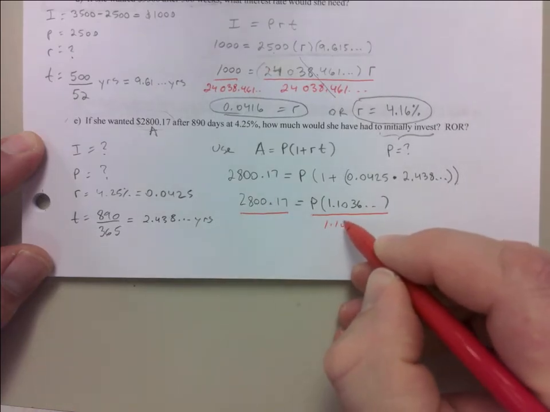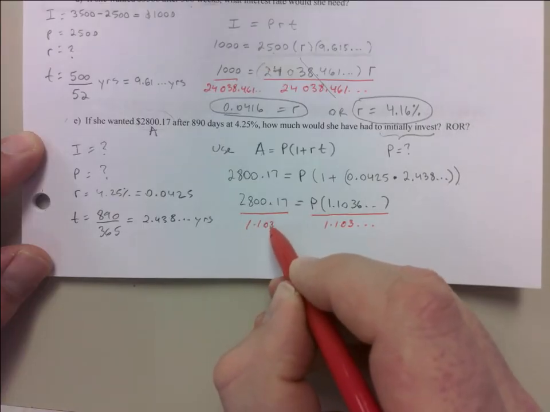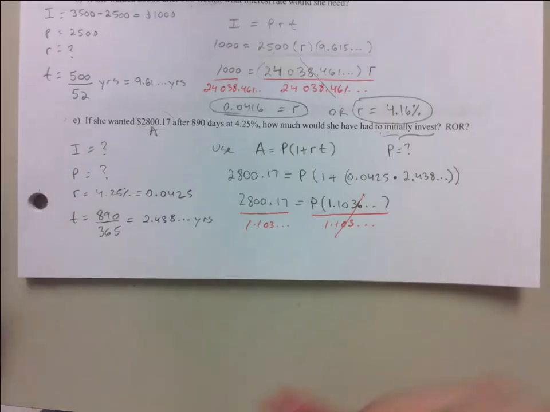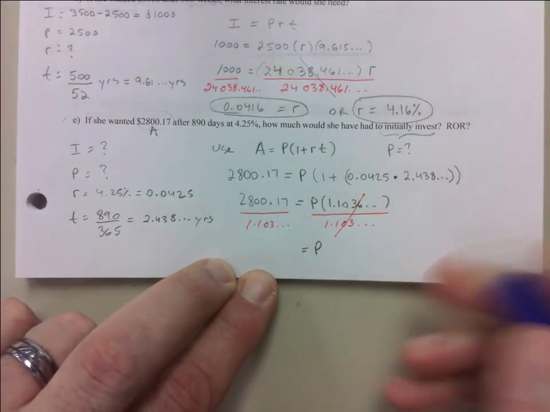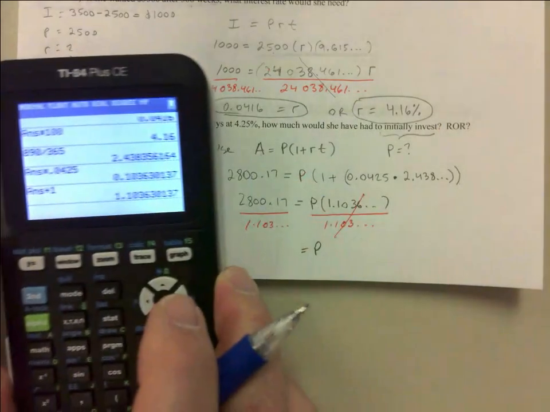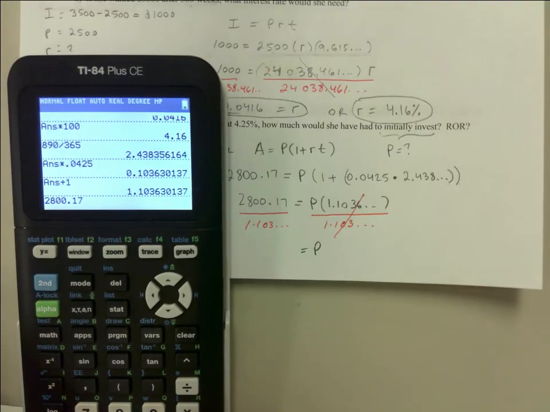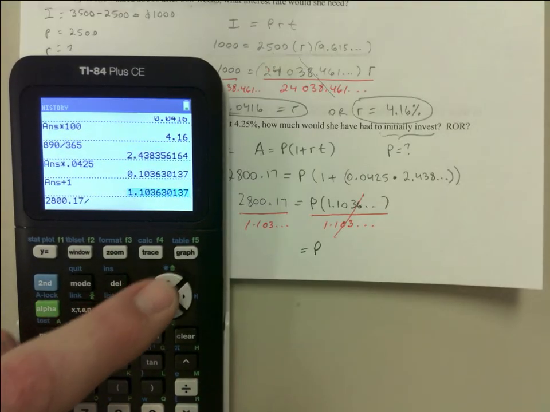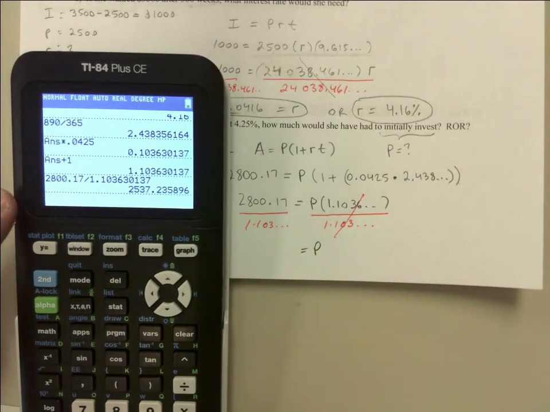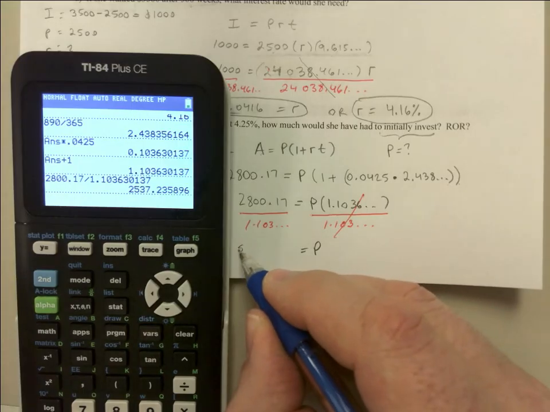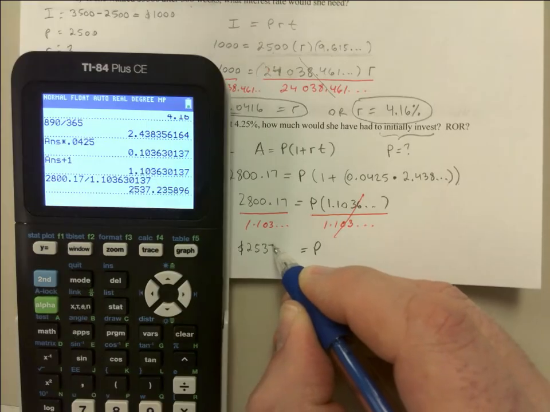We divide both sides by, cancel that out. And then we go 2,817 divided by 1.1, right? That number there. And that gives me, remember, we're figuring out the principal, which is a dollar amount.